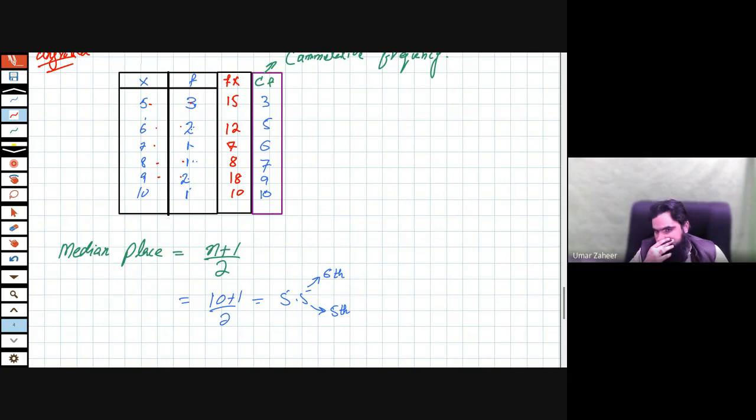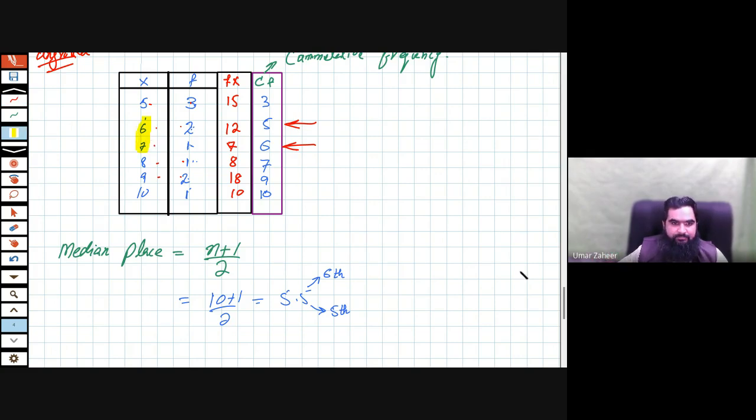Can you please tell me where the fifth and the sixth values are going to lie? In which row are the fifth and sixth values going to lie? At this place you have the fifth value, and here you are going to get the sixth value. At this place, this is your data.